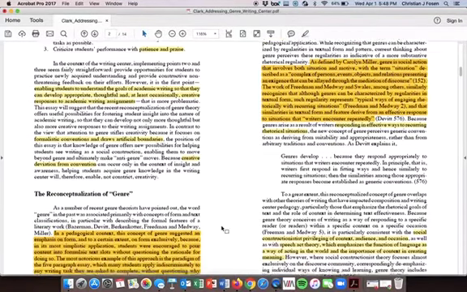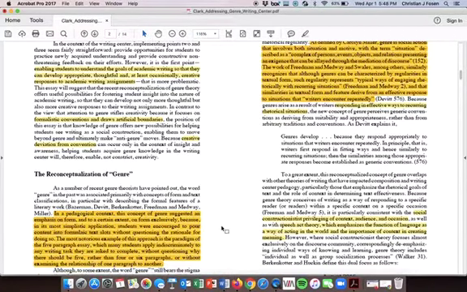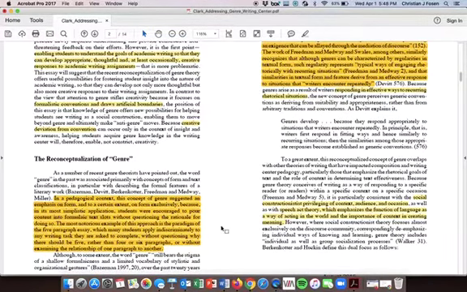So, this new version of genre, when we get beyond these kinds of text types like novel or poem or other kinds of things like that, we are getting to a notion of genre as a very active site for people in terms of learning and in terms of actually doing work in the world. But in terms of the pedagogical context, like Clark says here, this concept of genre suggests that, oh, this is the old version.